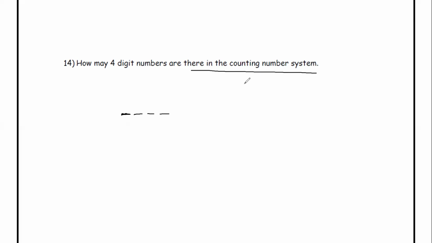So basically the counting number system. So the first digit cannot be 0. Remember, the first digit cannot be 0. So you can have 9 options here, 1 to 9, because the digits are anyway 0 to 9. First digit cannot be 0, so there are 9 options here, but there are 10, 10, and 10 options for each of the remaining. So there are 9,000 4-digit numbers, and you can do it using common sense as well.